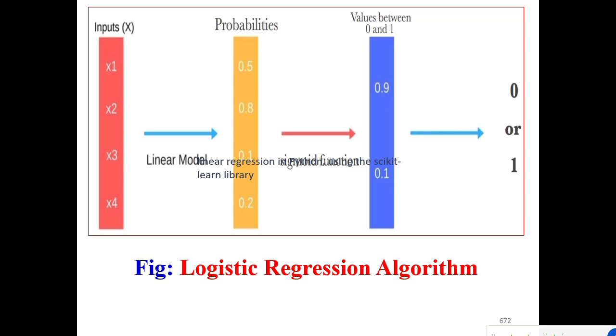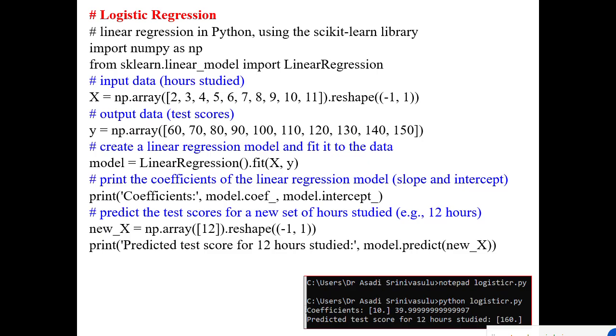So in order to develop real-time applications, suppose any application, today is rainy or not rainy. So rainy means 1 and not rainy means 0. Such types of applications, we are predicting those values by using logistic regression.